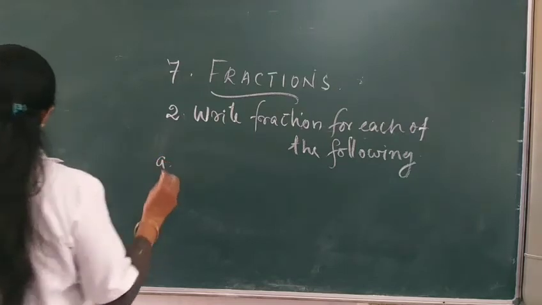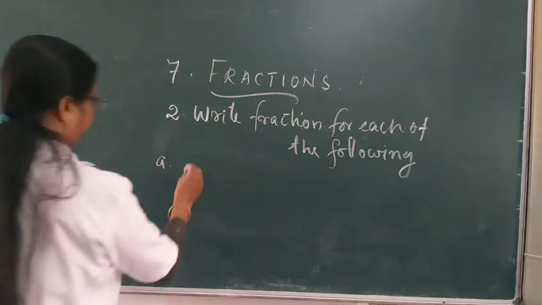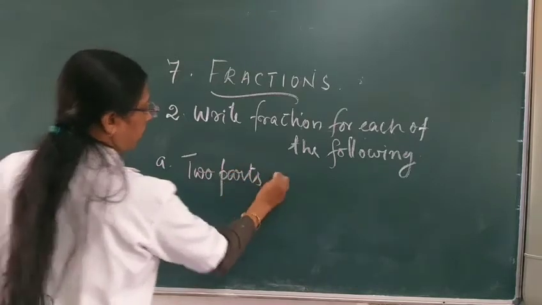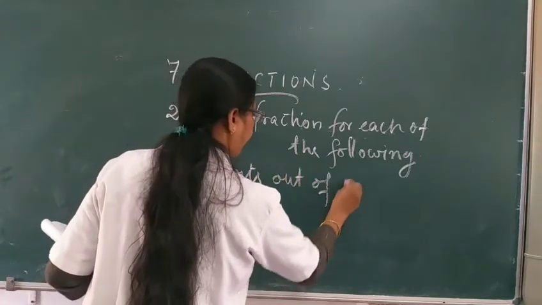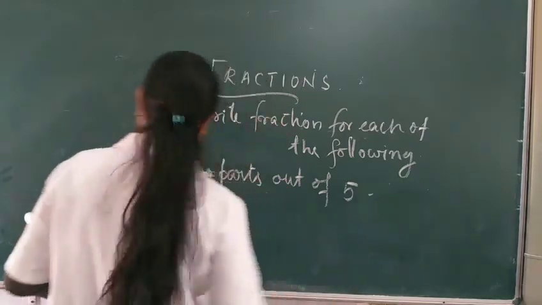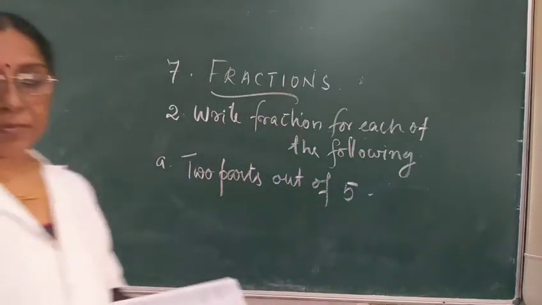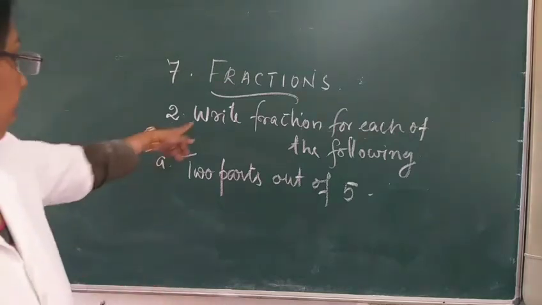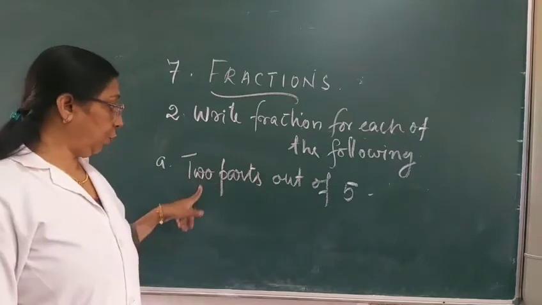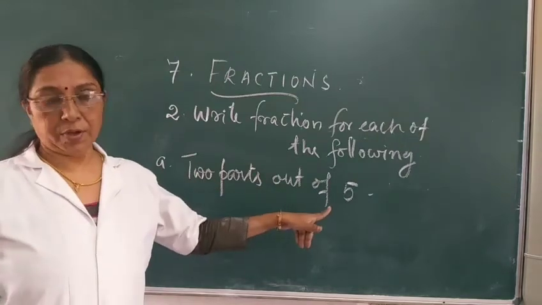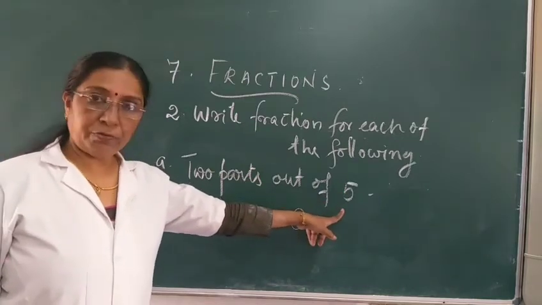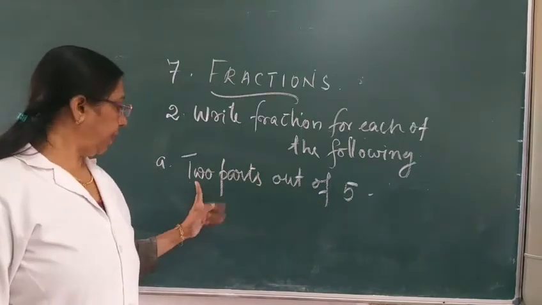First one, 2 parts out of 5. Write the fraction for this. 2 parts out of 5 means the total number of parts is 5. Then out of this 5, how many parts did we select?